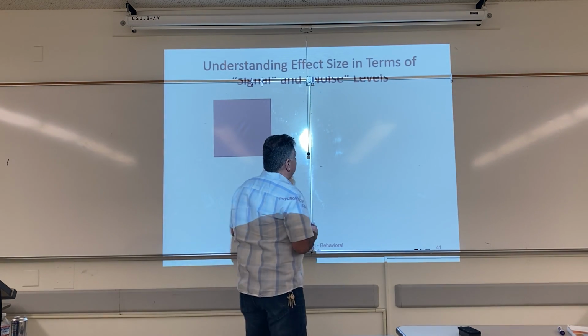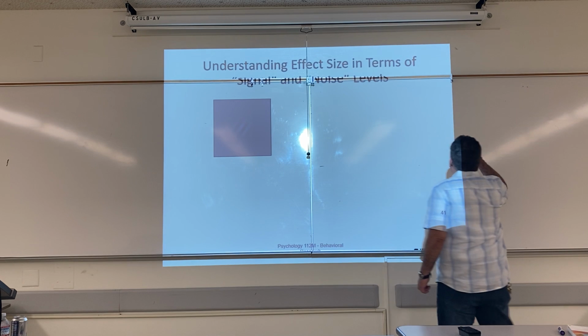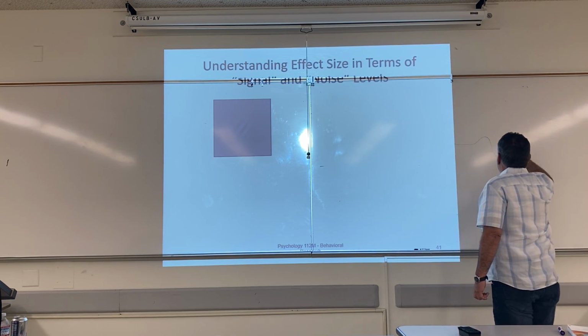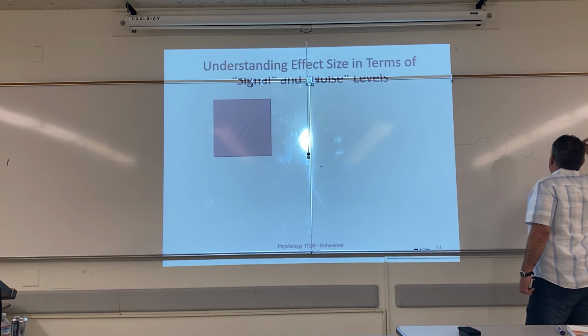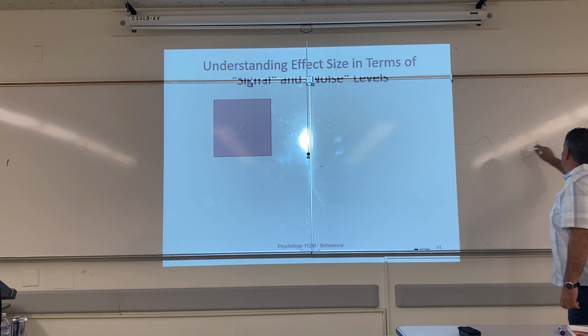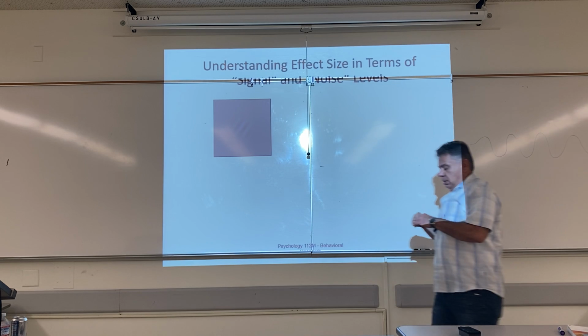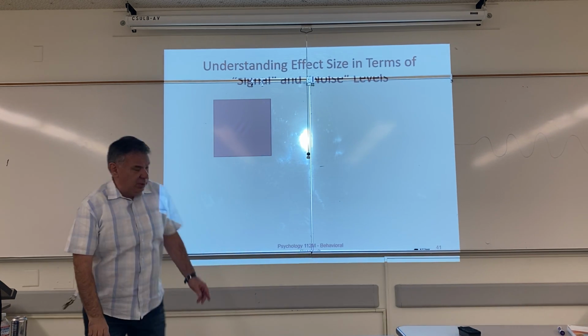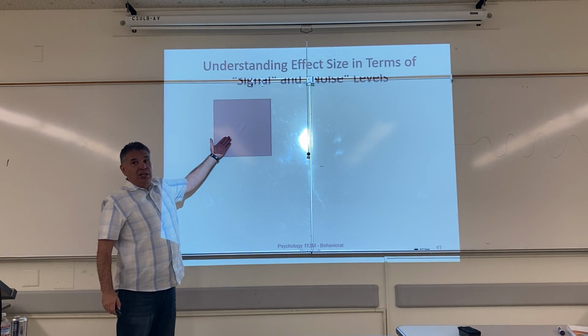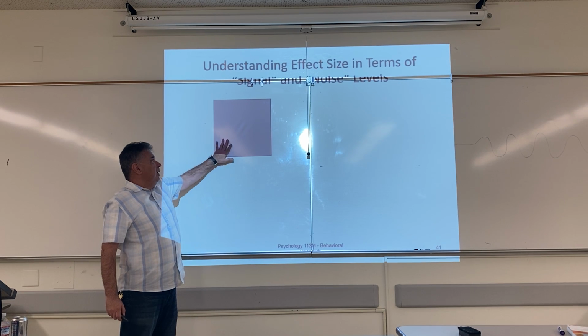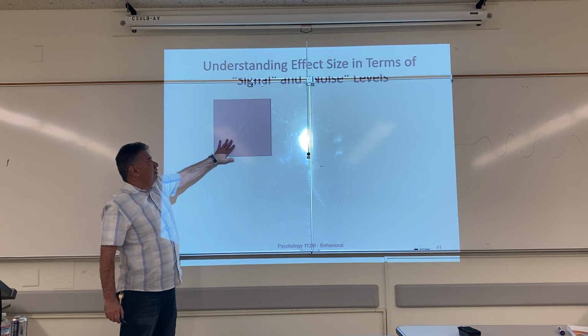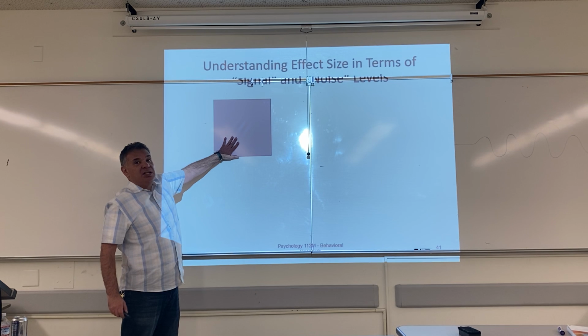If I were to take this paper and turn it on its side, it would look like this. Here's the paper, and this warping within the paper is the signal. Because the grit of this sandpaper is very, very fine, it's easy to see the signal.